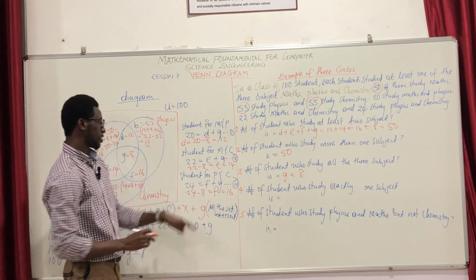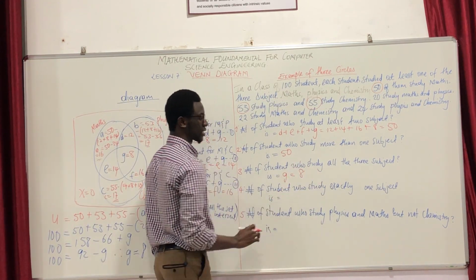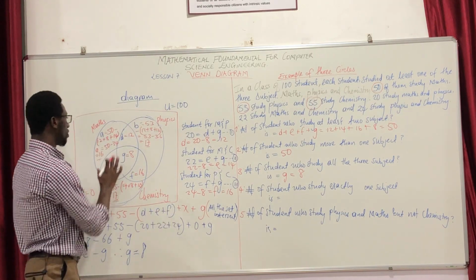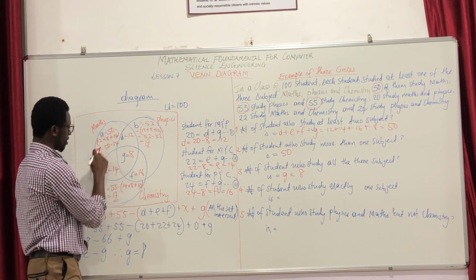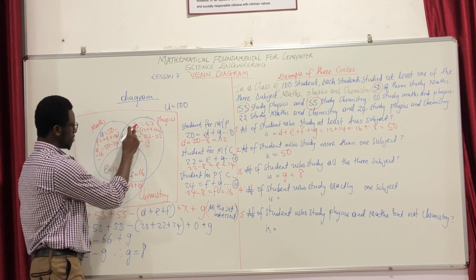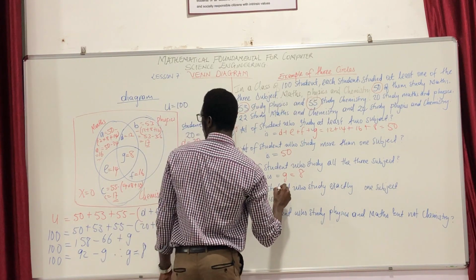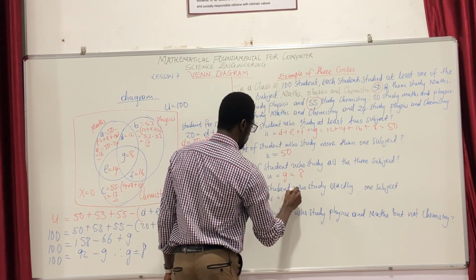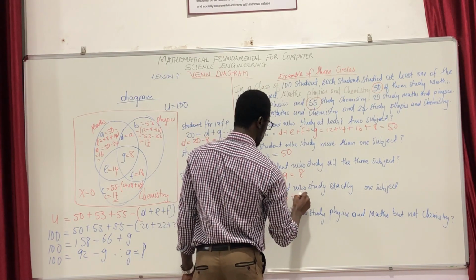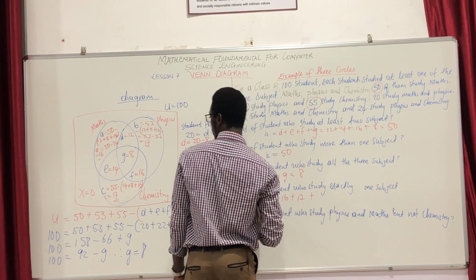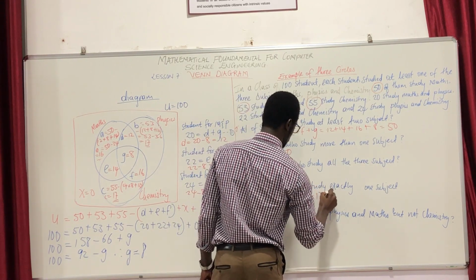The fourth question says the number of students who study exactly 1 subject. Exactly 1 subject. So for exactly 1 subject, we'll add A, B, and C. A is 16 plus 17 plus 17 again.